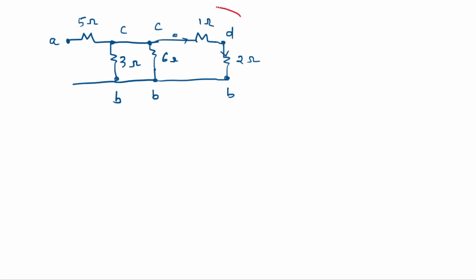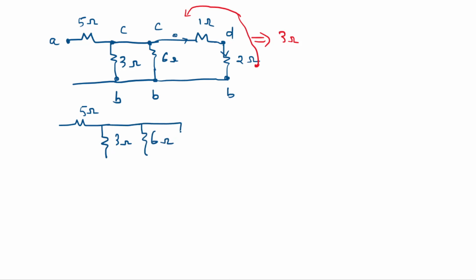So the R equivalent between this and this resistor will become 3 ohm. Now the circuit further simplifies to 5 ohm, 3 ohm, 6 ohm, and then 3 ohm.